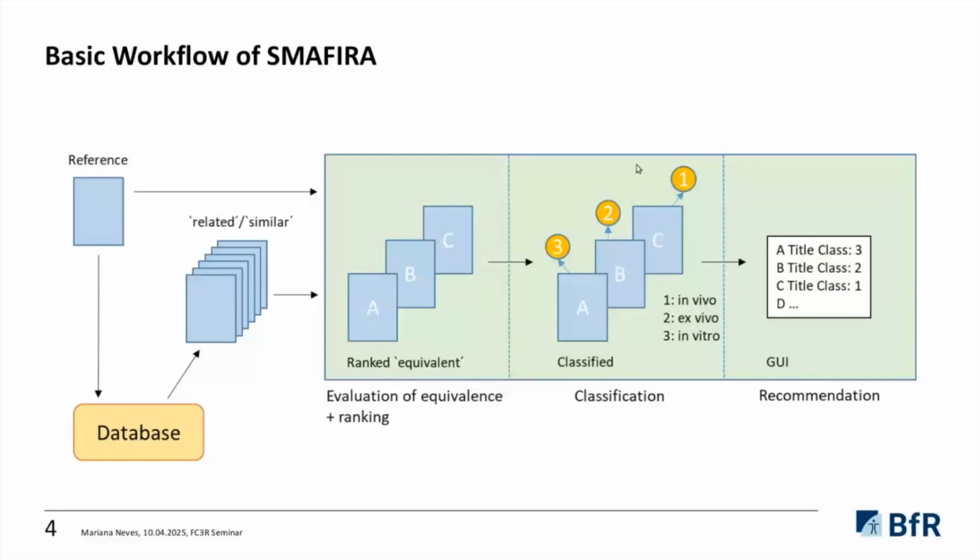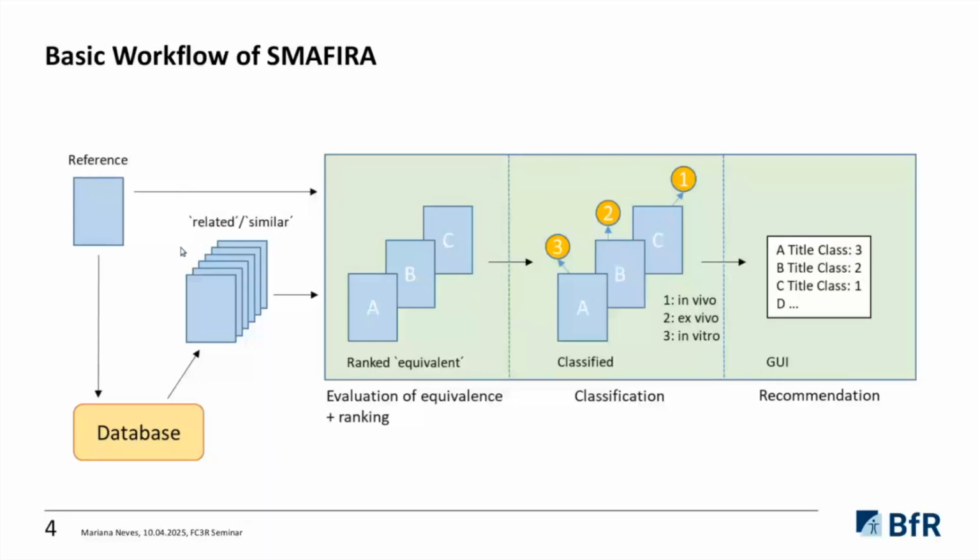Then we do some classification automatically with our machine learning. We detect the methods contained in the abstract. And then we show them as a list of results in our tool, in our web interface.